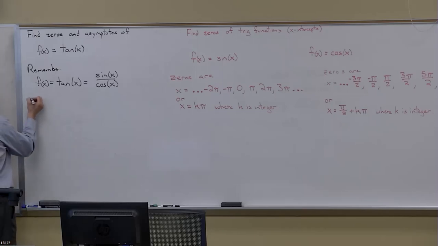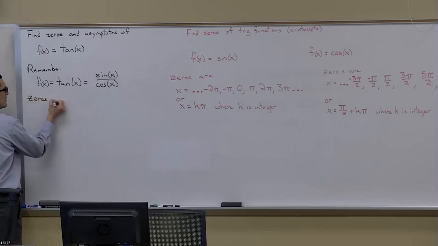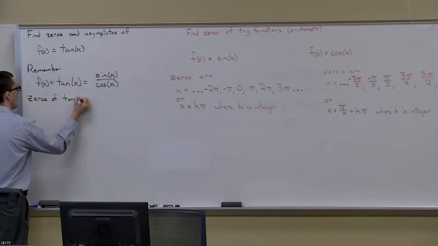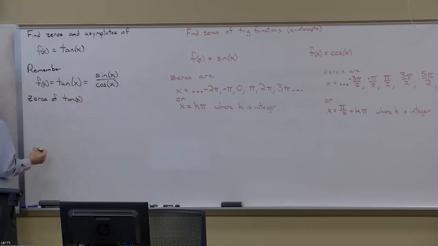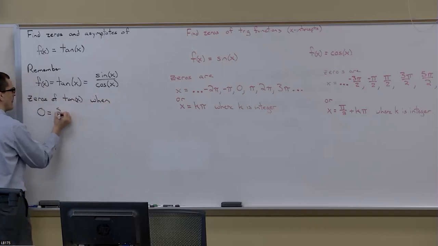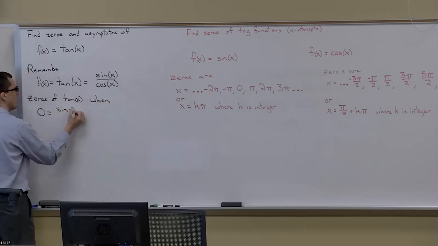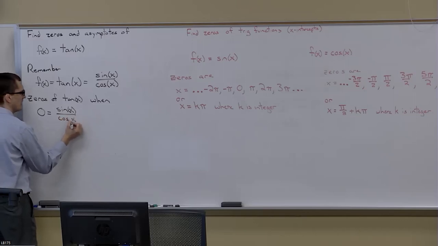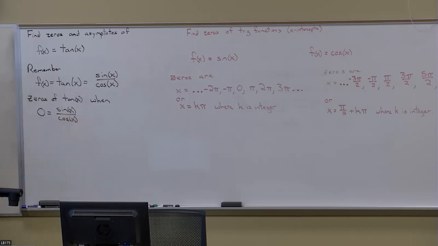So if we're looking for the zeros of tangent, those happen when sine over cosine is equal to 0.